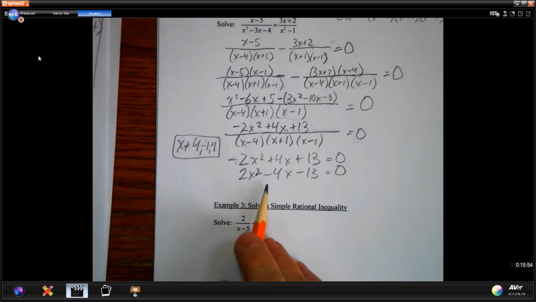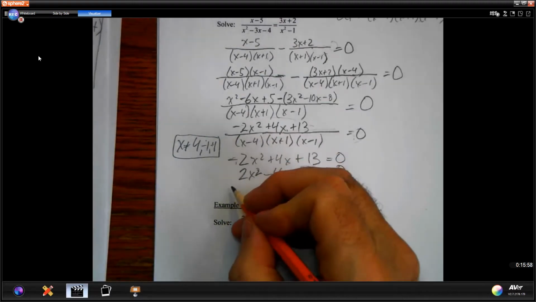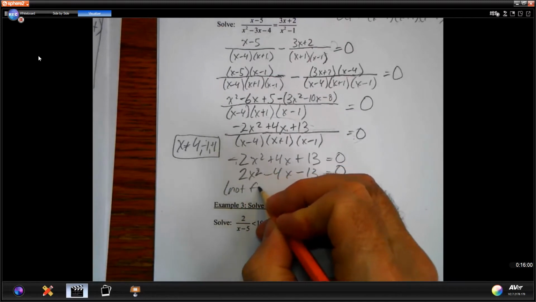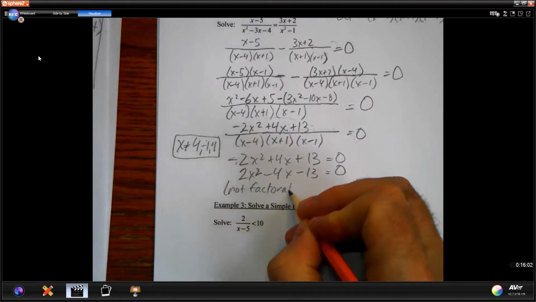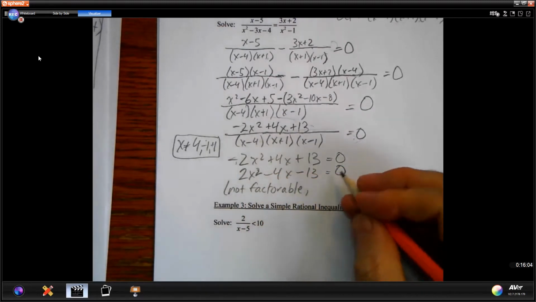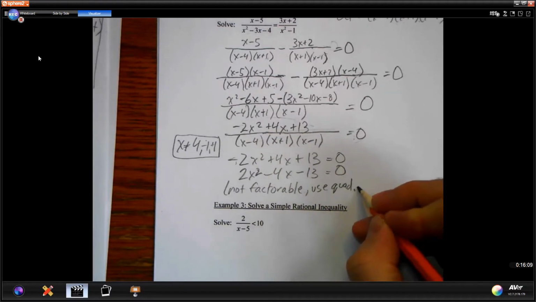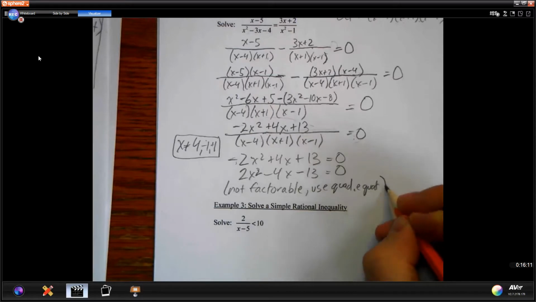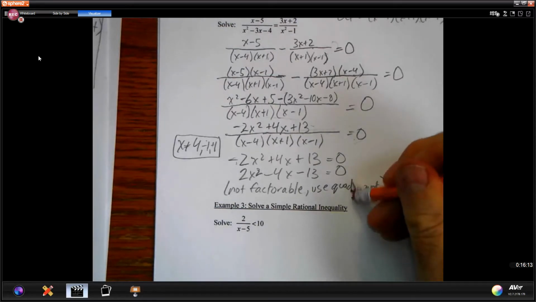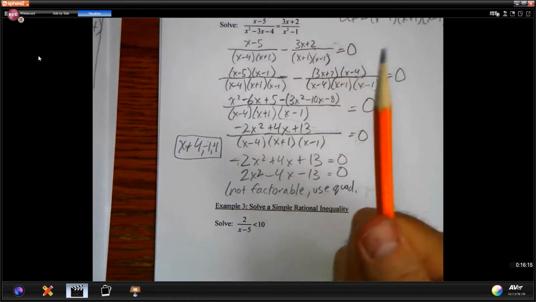And when we look at this, we see that this is actually not factorable, which does happen. That doesn't mean there's no answers. That just means it's not factorable. So what we do is use the quadratic formula.